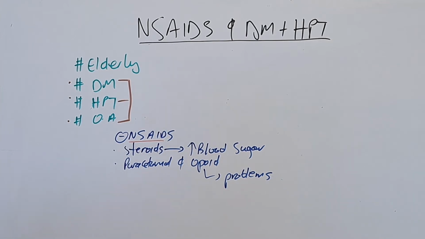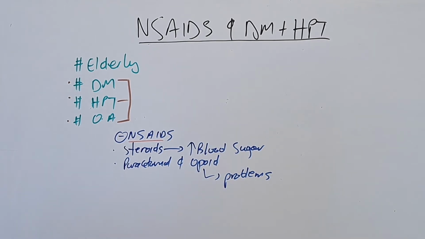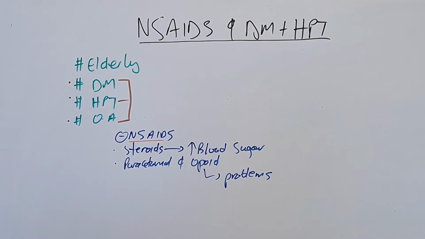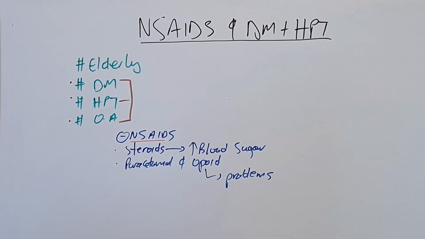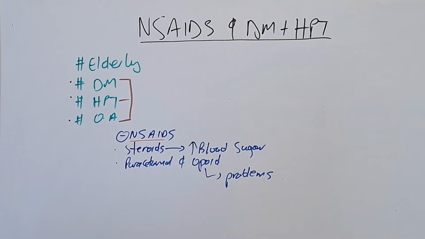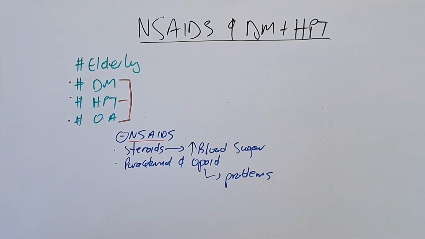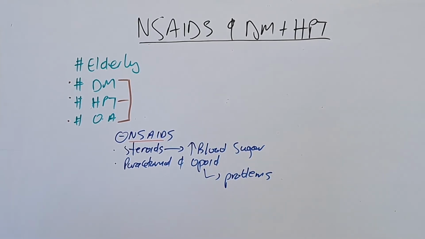And at this point, I don't know how safe it is to give NSAIDs to a patient who's diabetic, hypertensive, and also old, in the absence of a proven nephropathy. Because you might say, I'm going to give them NSAIDs, and that is just enough to push them to nephropathy. You may never know. So it's very difficult. This is why we sometimes need to consult from the internal medicine side about these patients.